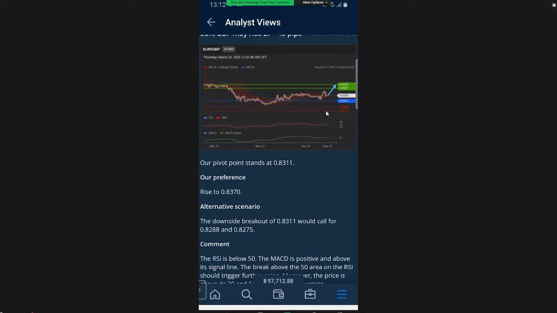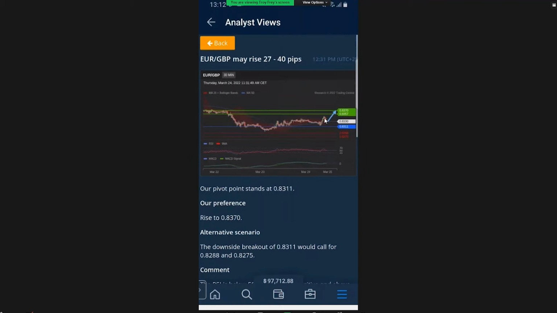The way these signals are set up is for you to potentially do a market move and then also back that up with a pending order for the alternate scenario, if the movement completely reverses and breaks, in this case, the support level, which would trigger a pending order that you could program to sell down here.